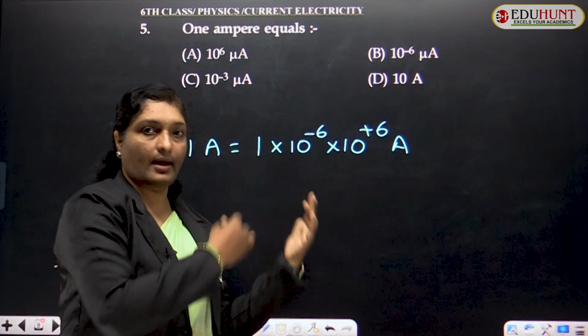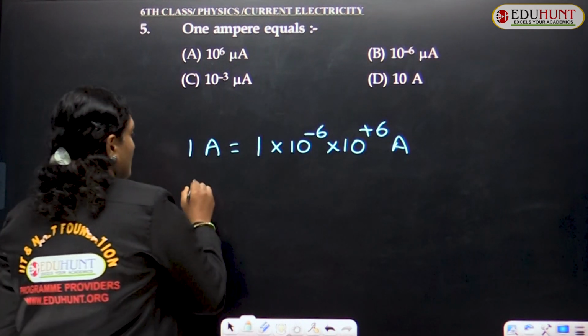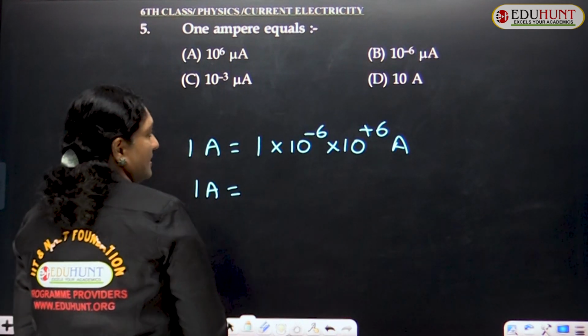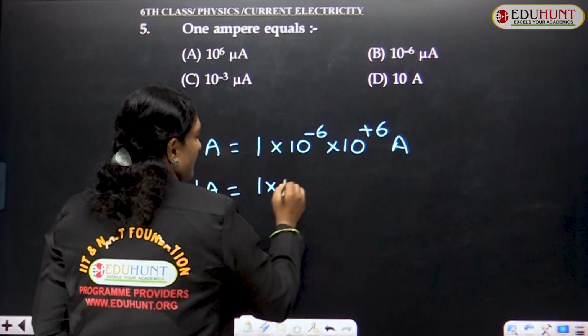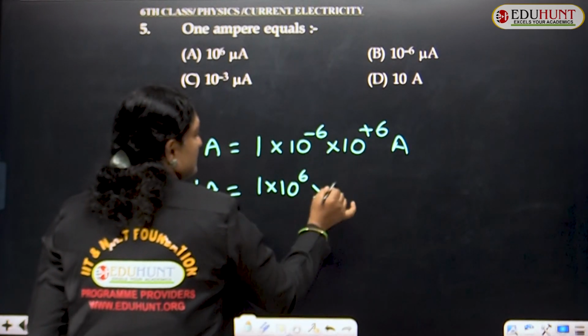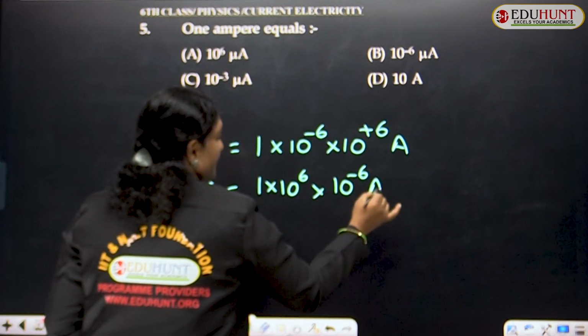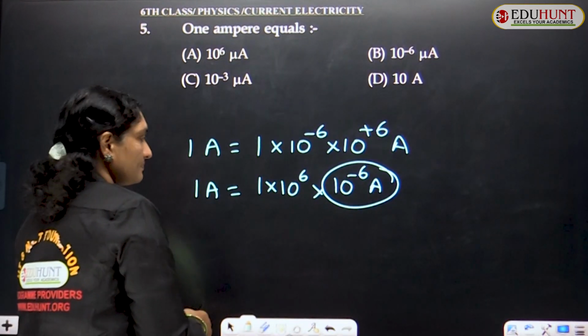So I have added 10 power minus 6 and I have removed 10 power plus 6. So 1 ampere can be written as 1 into 10 power 6 into 10 power minus 6 amperes. But what is 10 power minus 6, children?